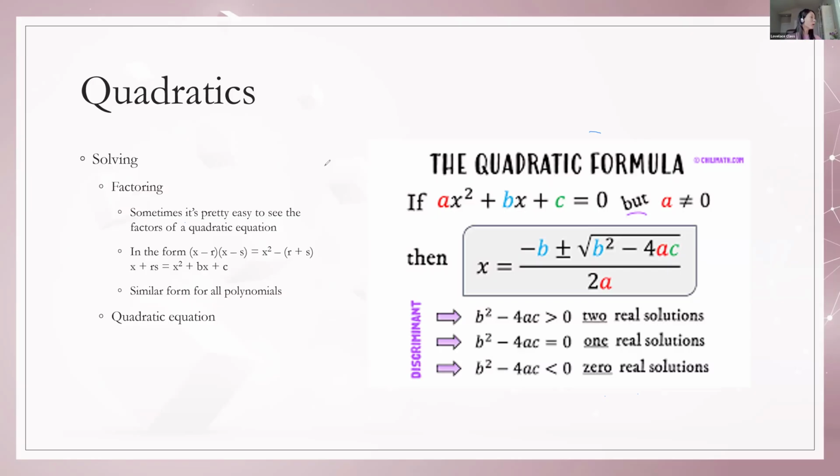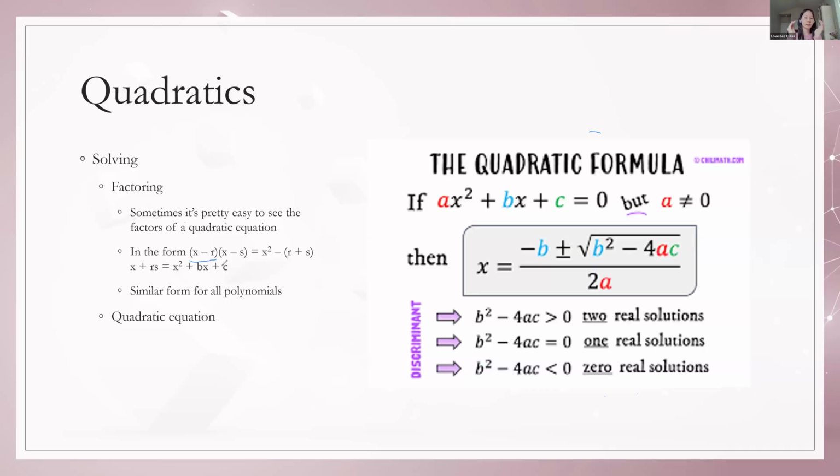The negative is for both. Basically, you have to have x minus r if r is a root, right? So if 3 is a root of the quadratic, then x minus 3 is a factor, not x plus 3. Because if 3 is a root, then if x equals 3, the equation is 0.